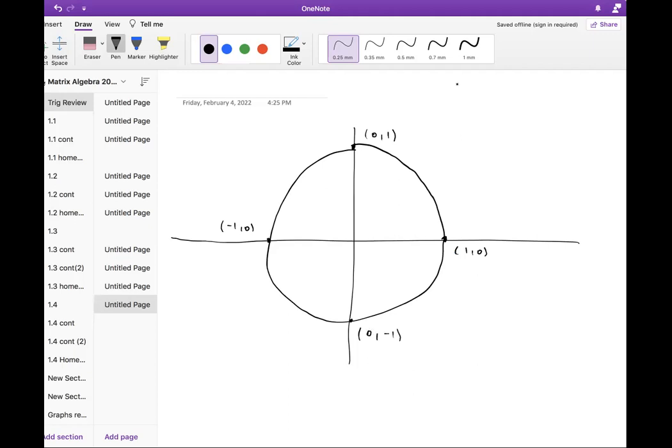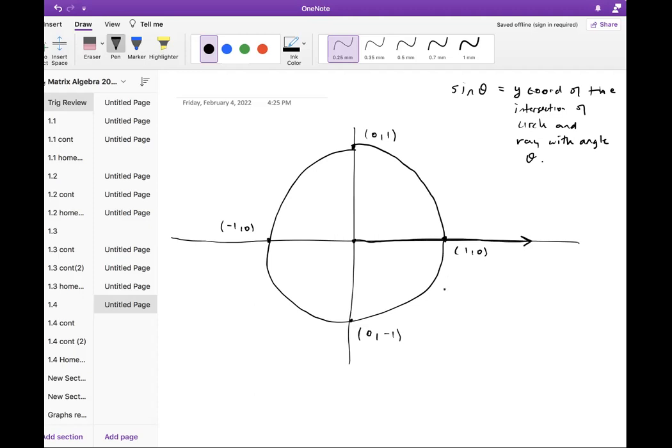So if we define sine of theta to be the y coordinate of the intersection of the circle and the ray with angle theta, then let's take the ray with angle 0.